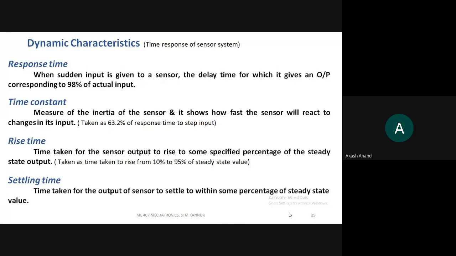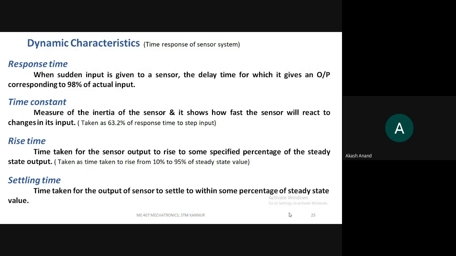When a sudden input is given to a sensor, the delay time for which it shows an output corresponding to the actual input. Normally, we take 98% of the actual input. That is called the response time. We can measure the response time of any sensor.